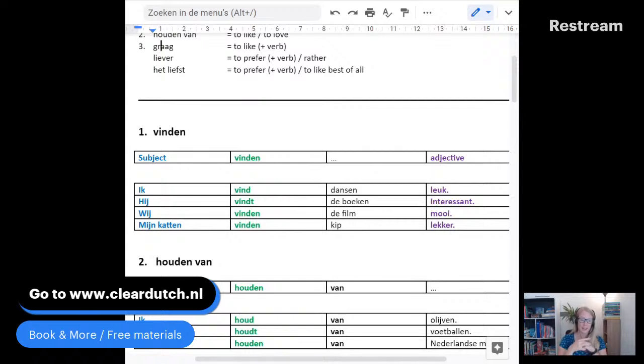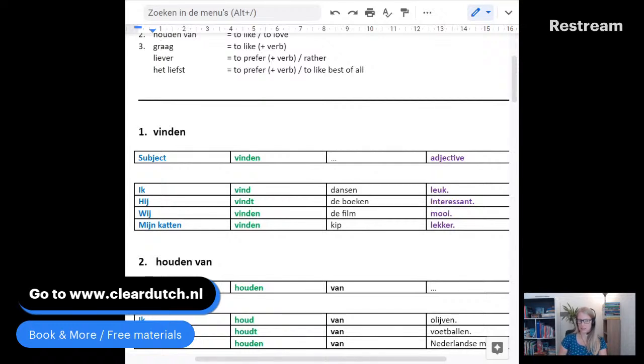So you can say, ik vind dansen leuk. Hij vindt de boeken interessant. Wij vinden de film mooi. Mijn katten vinden kip lekker. So these are just some examples. So my cats find chicken delicious. These are sentences with vinden.